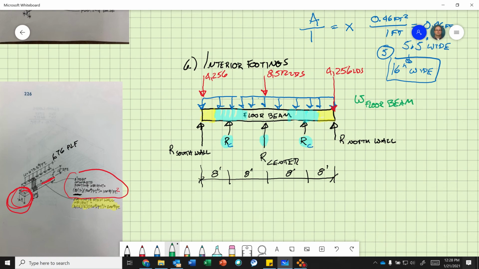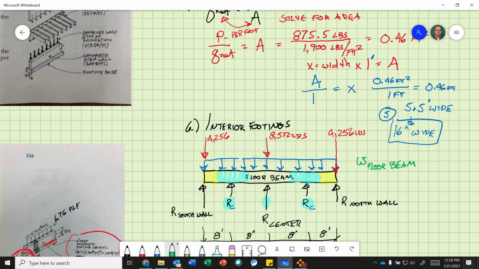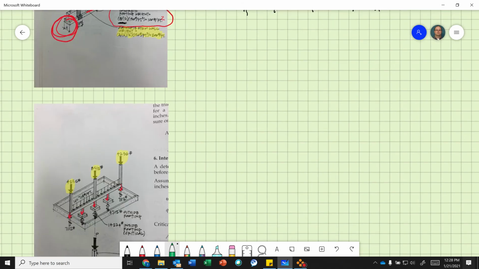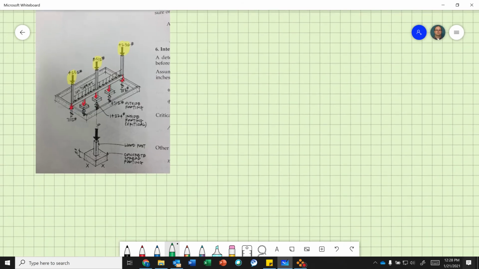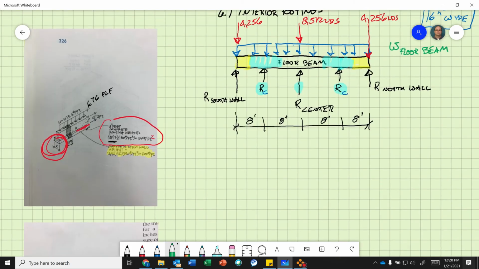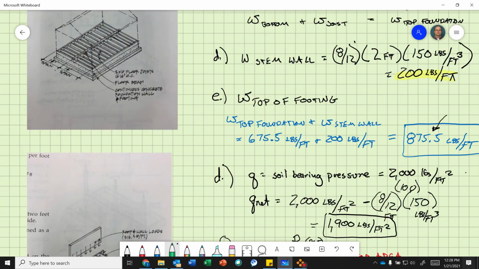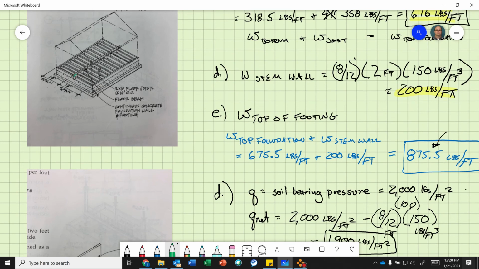So we need to look at the reaction, because when you look at this diagram, whichever one is here, we'll find it here. Let's go up right here. Let's see, this is my floor beam here, right? So I need the reaction from this end of this joist plus the reaction from the end of that joist.